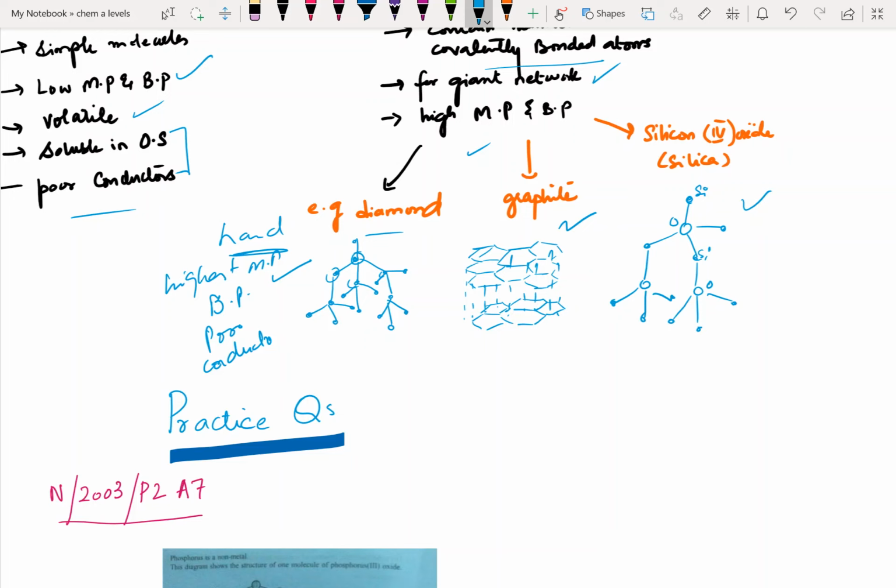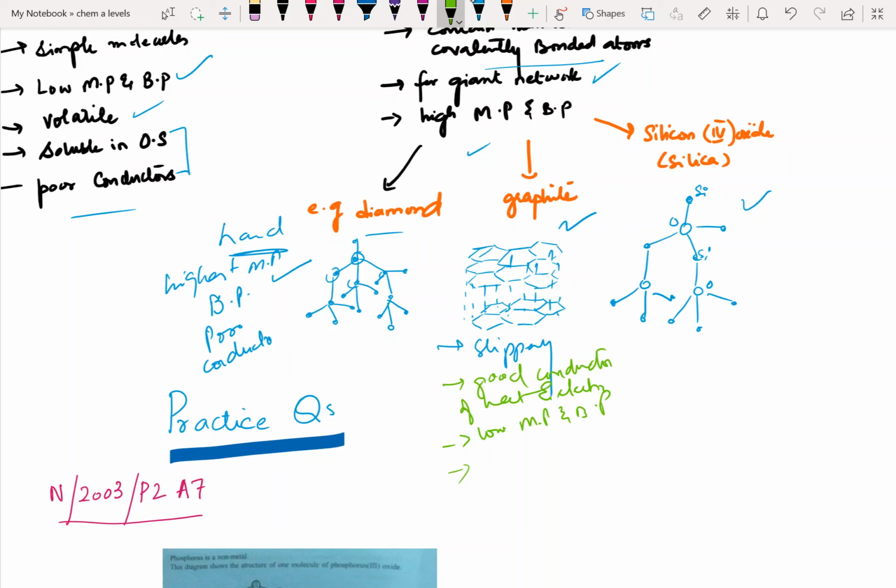If we look at the properties of graphite as compared to diamond, it is slippery to the touch. It is a good conductor of heat and electricity, and has relatively low melting and boiling points. It is also an allotrope of carbon, but it is a softer form, and it is used as brushes for electric motors, and also as a dry lubricant.